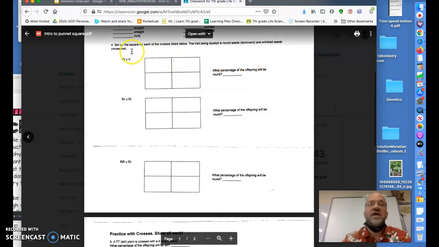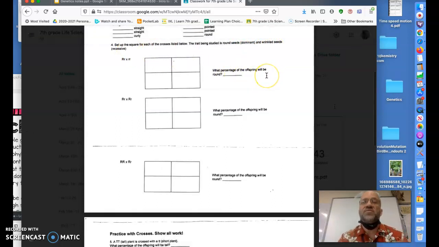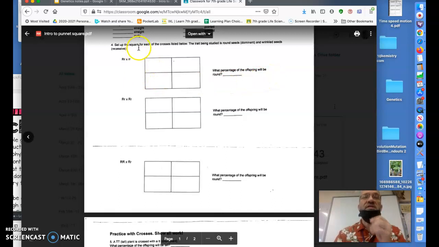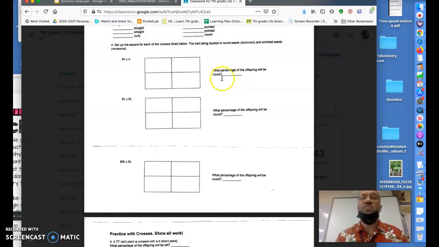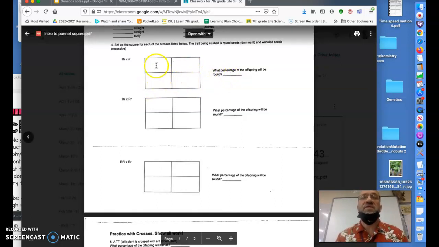Okay, so up here, the trait studied is round seeds dominant, wrinkled seeds recessive. So it says what percentage of the offspring will be round. So once you get these in here, figure out what the offspring is, how many will be actually round that's in here. We have 4 spaces, so each one would be 25%, each box, right?